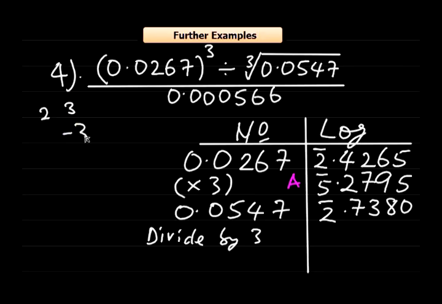Then you ask yourself, what do you add to minus 3 to get minus 2? It is plus 1. So you factorize bar 2 as minus 3 plus 1. So we have bar 3 plus 1.7380.